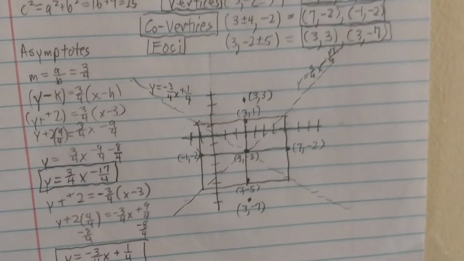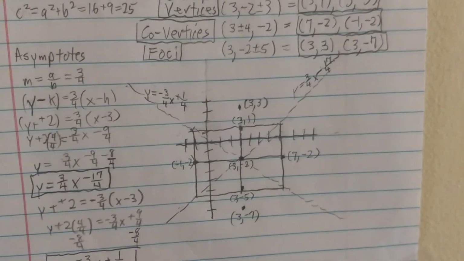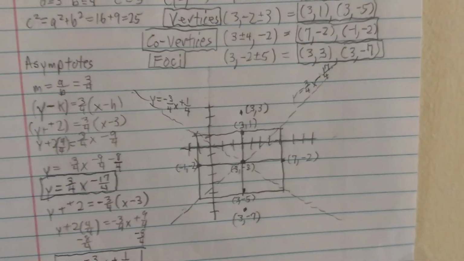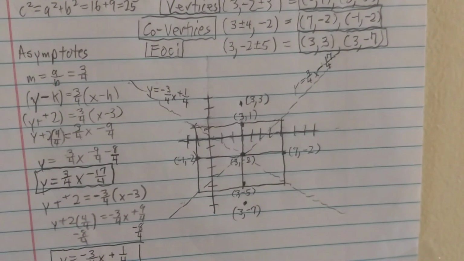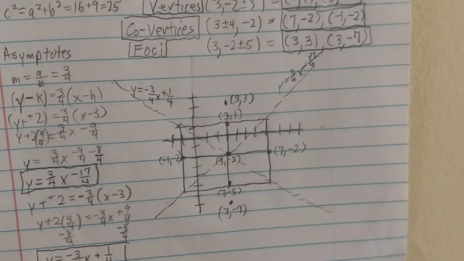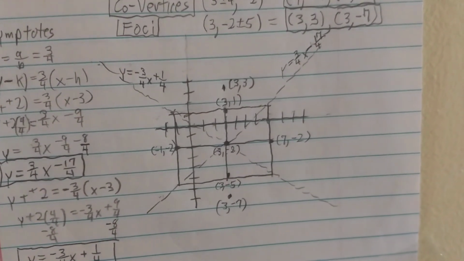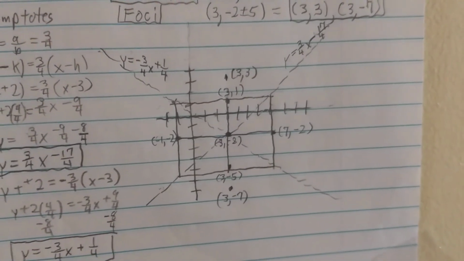So 3 plus 4, negative 2 is 7, negative 2, and 3 minus 4 is negative 1, negative 2. Now the foci are back on the y-axis, so 3, negative 2 plus or minus 5 is 3, comma 3 when you add, and 3, comma negative 7 when you subtract negative 2 minus 5.